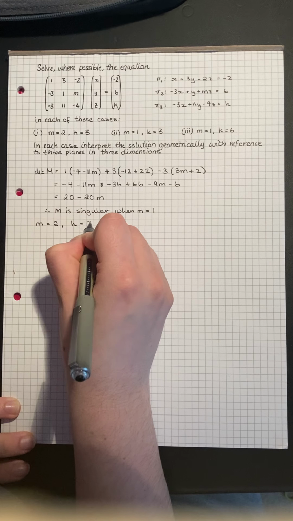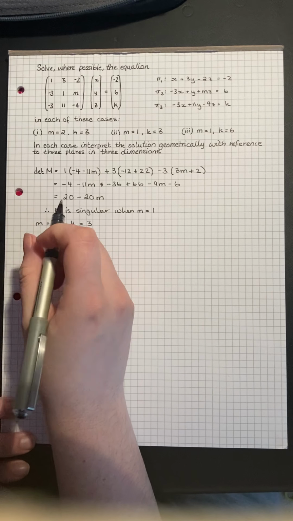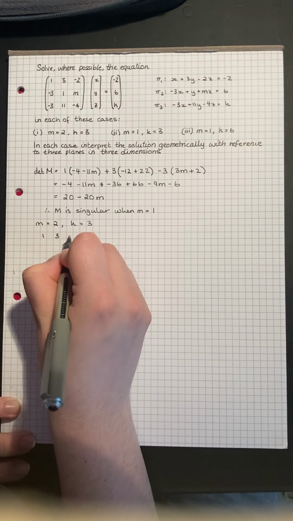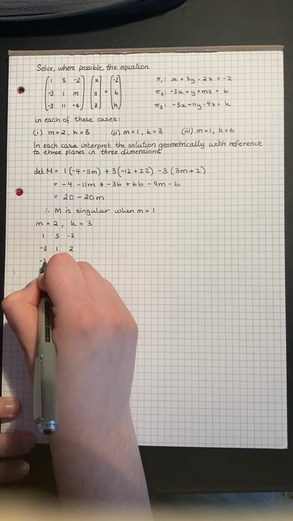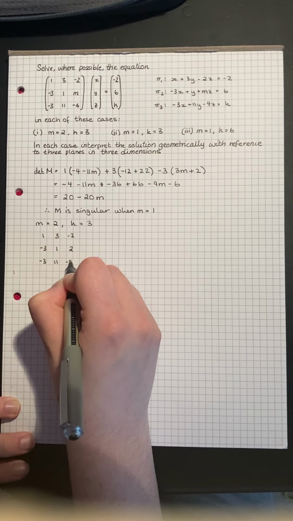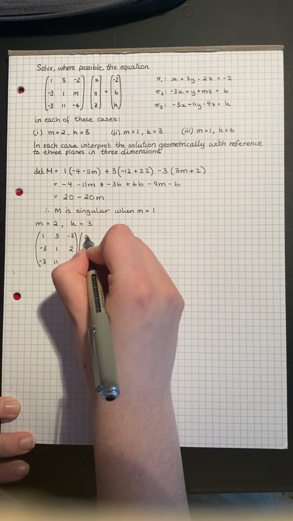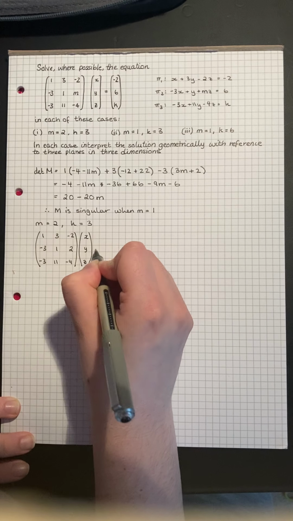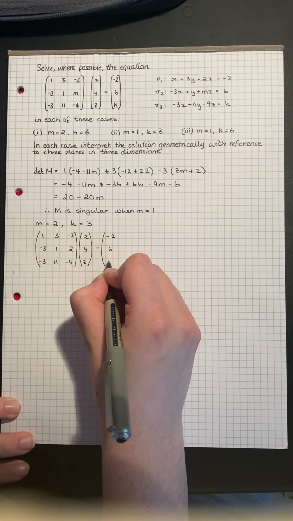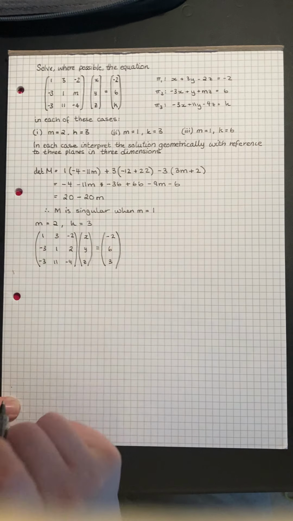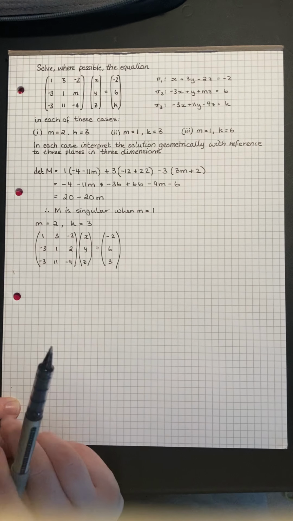k equals 3. That means we've got the equation, 1, 3, minus 2. Okay, so I've just rewritten that, but I've substituted 2 for m there and then 3 for k there.